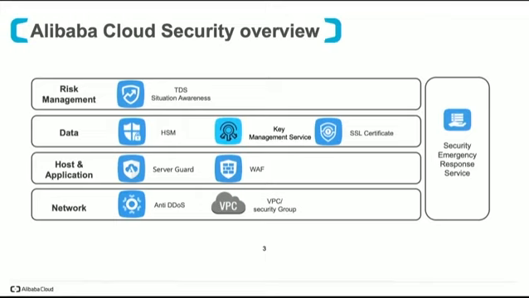And then the VPC, ACL, security groups to provide the fundamental segregation and segmentation of the customer environment and also between the customer applications. Then move up one level, the host and application level, we've got Server Guard, which secures the individual server, the virtual server, the physical server.